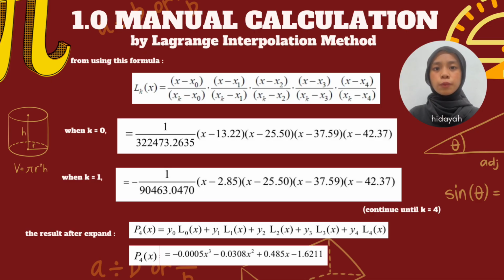After calculating all basis polynomials, we'll multiply each polynomial by its corresponding production value and sum them together. Finally, after expanding and simplifying the expression, we obtain the interpolation polynomial shown at the bottom of the slide. This polynomial represents the relationship between harvested area and Duku production.